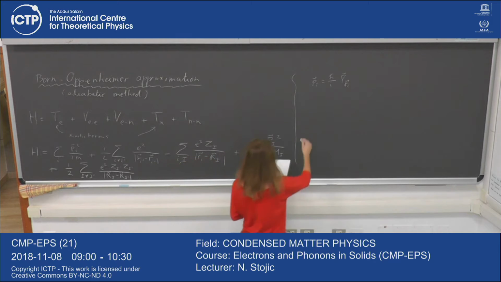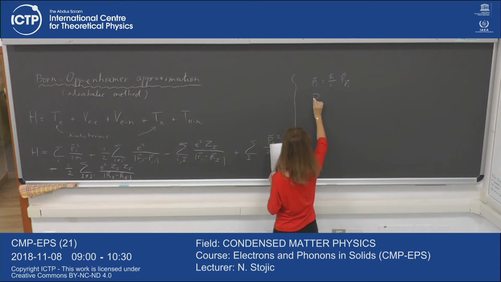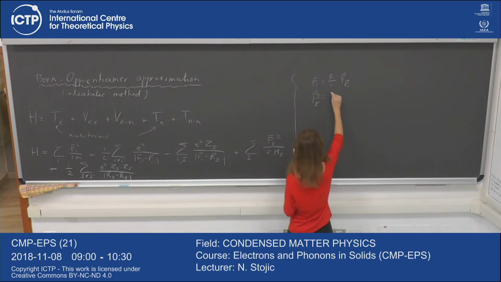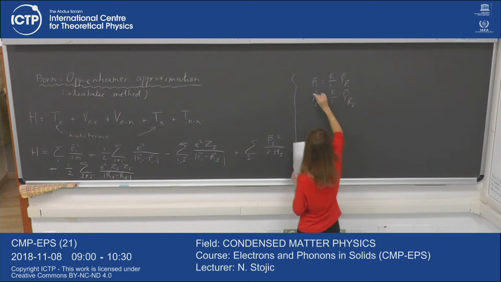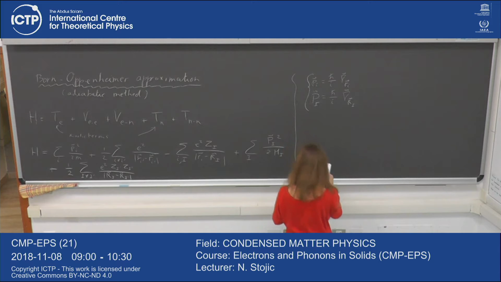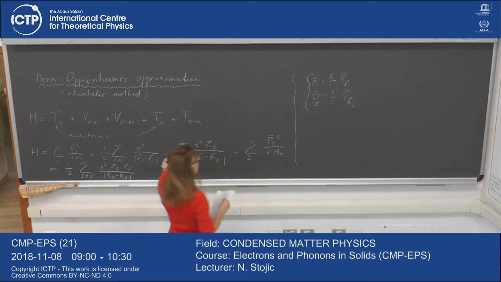And for the nuclei, similarly, capital P is h bar over i times the gradient with respect to the nucleus position.